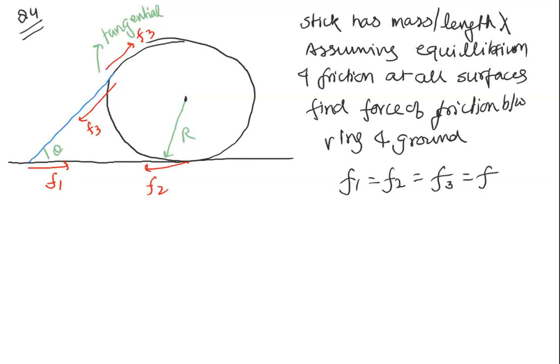So the torque produced by F2 will be equal to F2R, and it will be clockwise. And the torque produced by F3 will also be F3R, but it will be anti-clockwise. And these two torques must add up to 0. Therefore, F2 must be equal to F3.